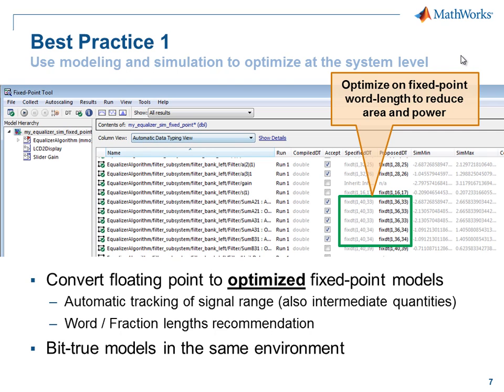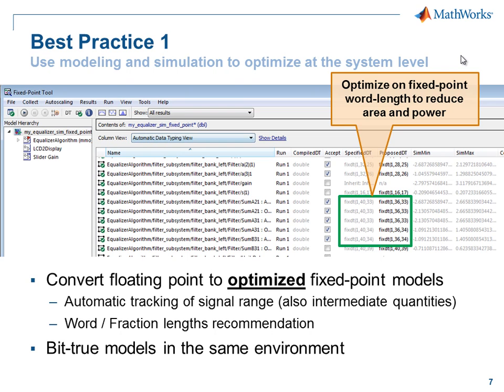So let's have a look at the first best practice in more detail, using modeling and simulation to optimize at the system level, and in this particular case fixed point conversion and optimization by using Simulink and Simulink Fixed Point. Essentially the fixed point tool will assist you with converting floating point models to optimized fixed point models by automatically tracking signal ranges, which also includes intermediate quantities such as accumulators, and with that make a recommendation for word or fraction length.